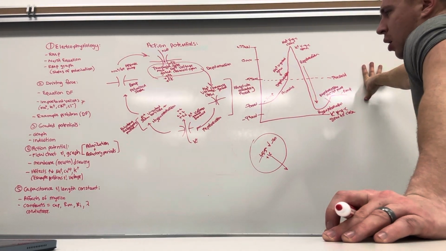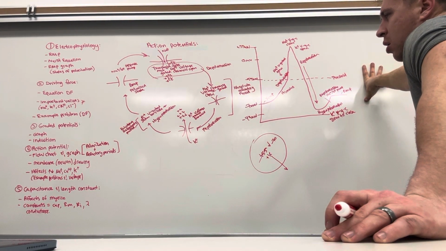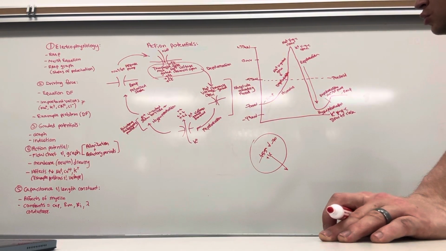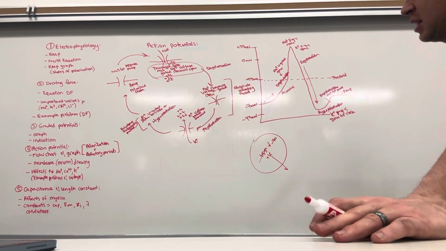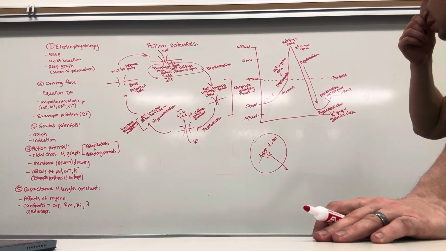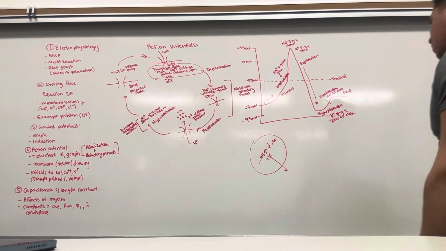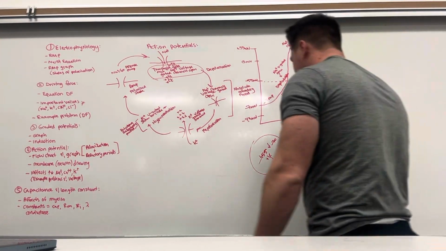So I guess I'll draw the membrane of the neuron out last. Effects of sodium potassium on this. So let's go over a couple key things here.